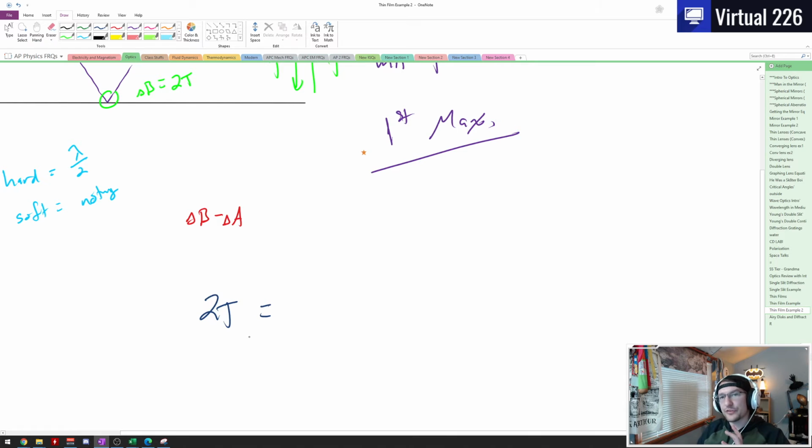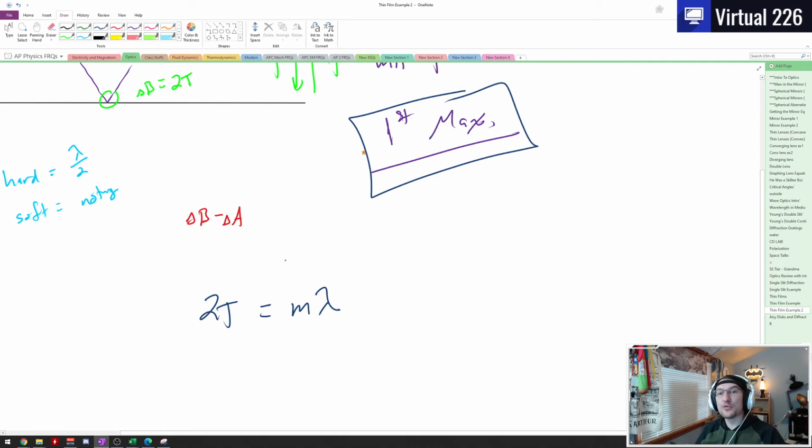So we are just going to have 2t equals something. If we're looking for maxima here, this will be equal to m times lambda, because when we have full integer wavelength differences, we're going to have a bright spot for thin film interference. It's very similar to the double slit. So what is the smallest value of m we could have for the first maximum?